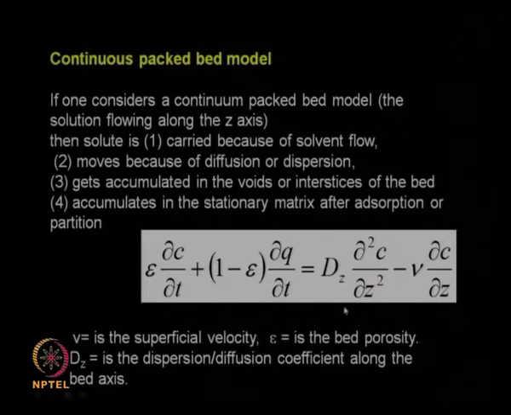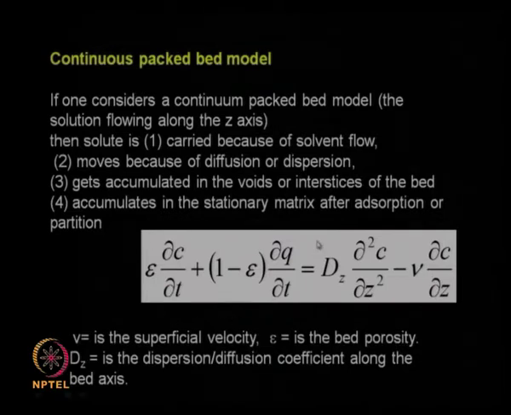This term comes because of diffusion, and then you have a flow term, that means you are going to have a solute movement because of the flow. Now z is the axis, okay. So you have a term coming because of the diffusion of the solute along the axis, and you have a term here which talks about the flow of the solute with the bulk solvent.